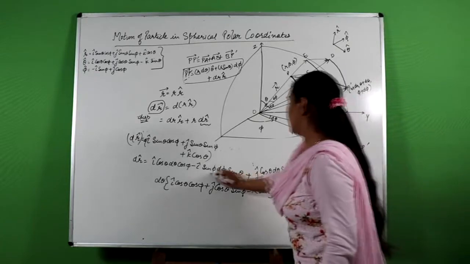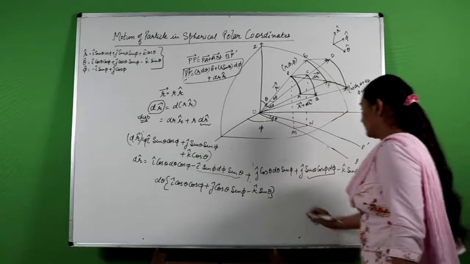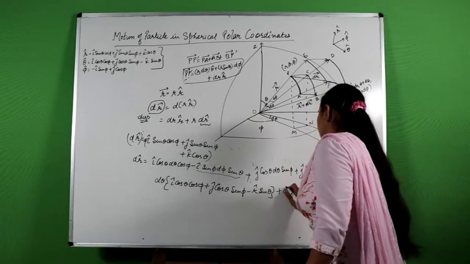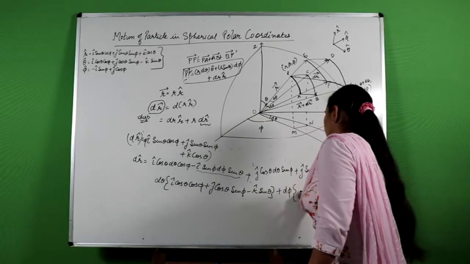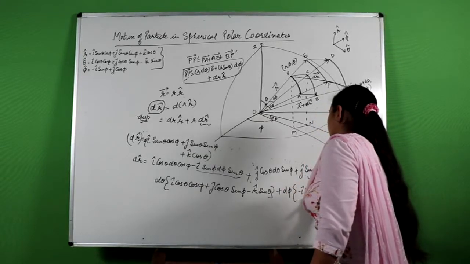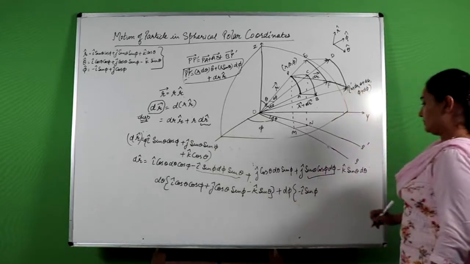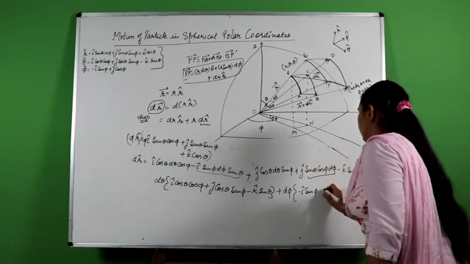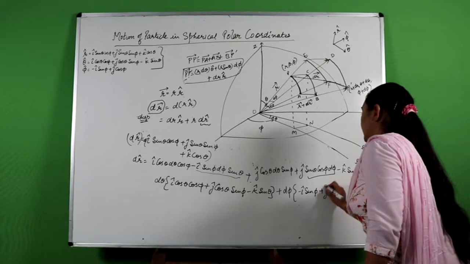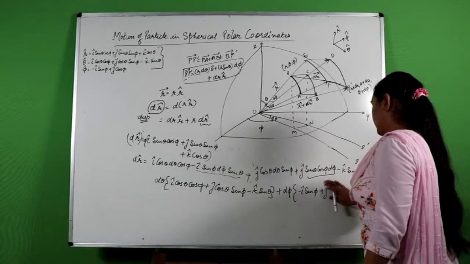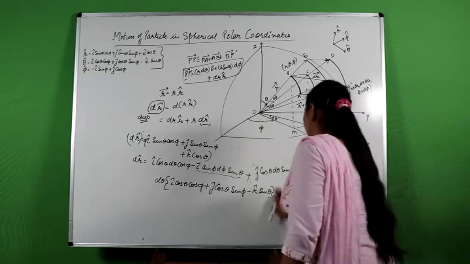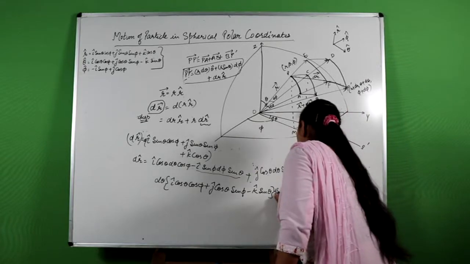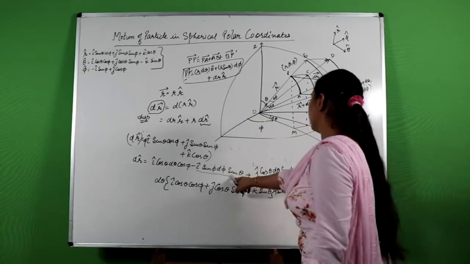Plus d phi. This gives me minus I cap sin phi plus j cap cos phi, and sin theta is common here.